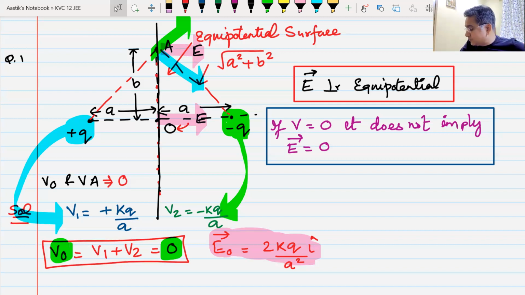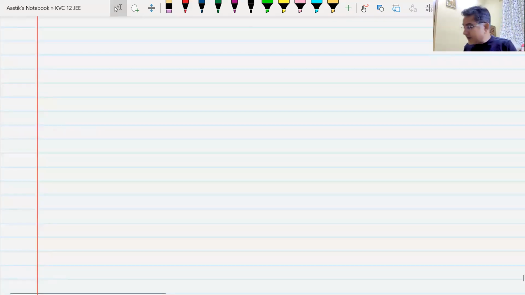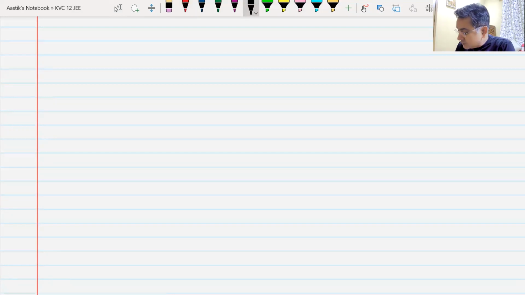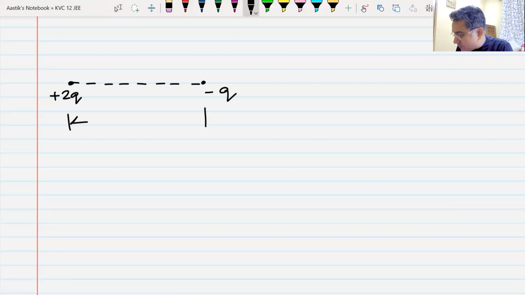Everyone convinced? Okay, now coming to the point where I asked you a question and I got a very revolutionary answer. This is a plus 2q charge and this is a minus q charge, separated by a distance of a.